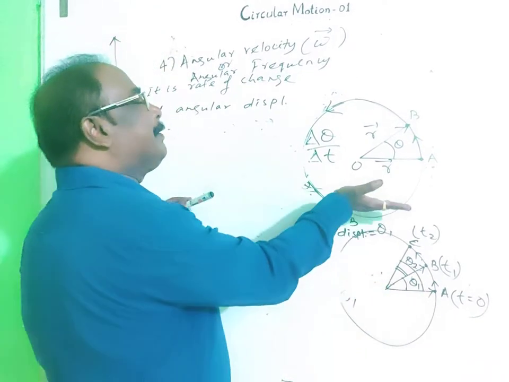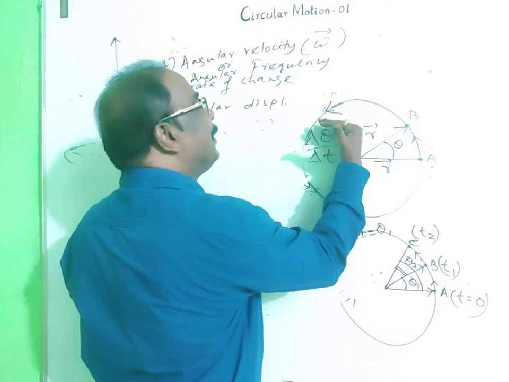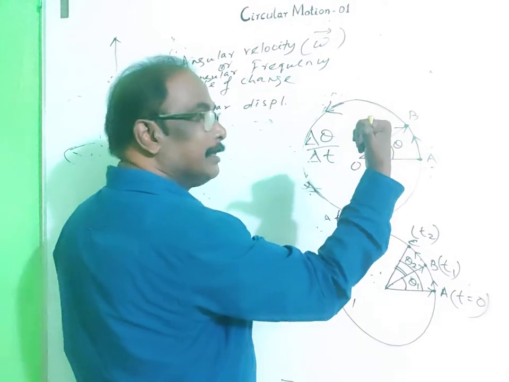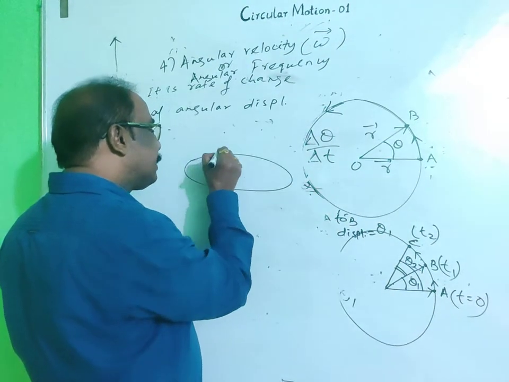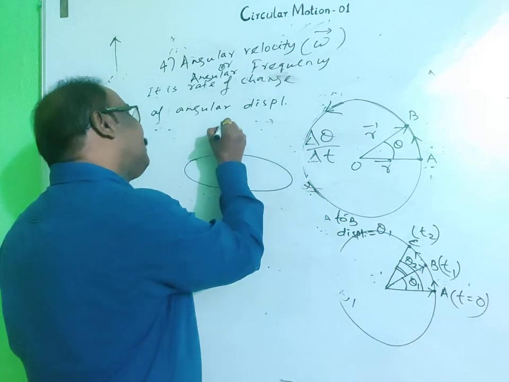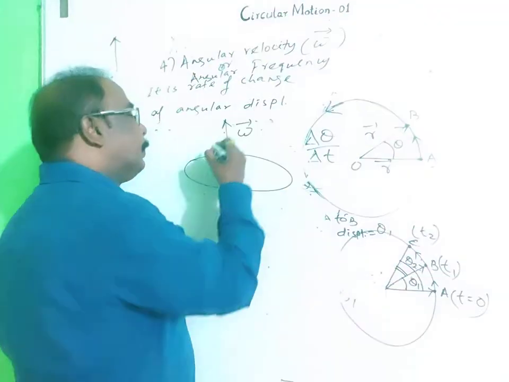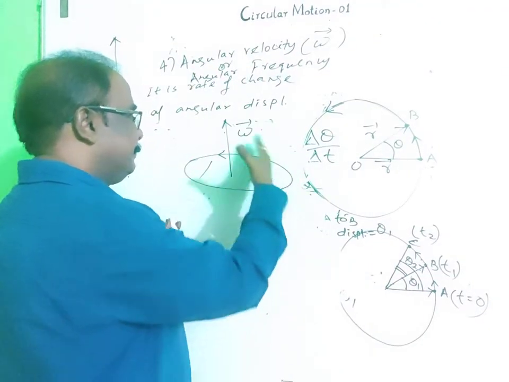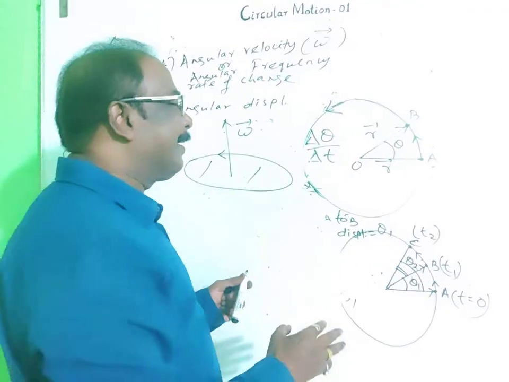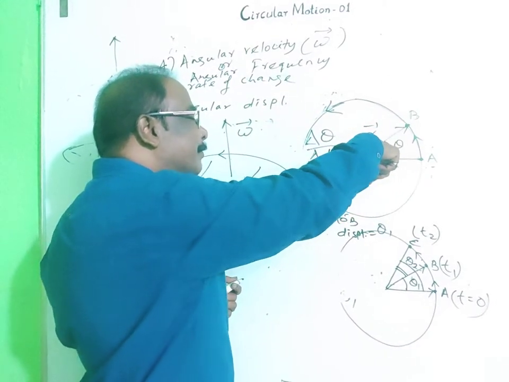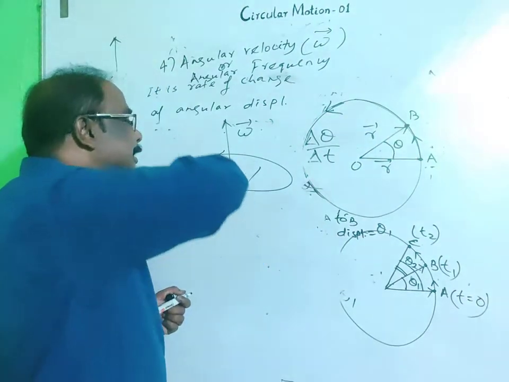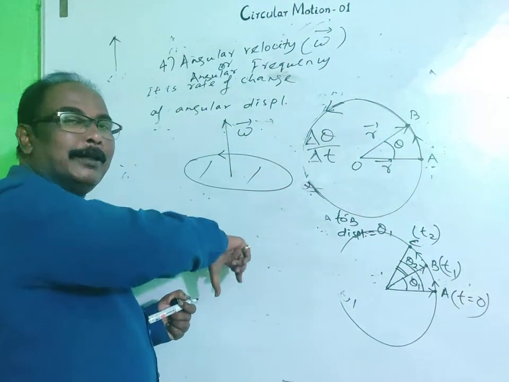If the particle is moving in anticlockwise order, then angular velocity is in the outward direction. If you take the plane of the circle like this, then angular velocity is in the upward direction. Accordingly, if a particle moves in clockwise order, the direction of angular velocity is inwards, or in this case, downward.